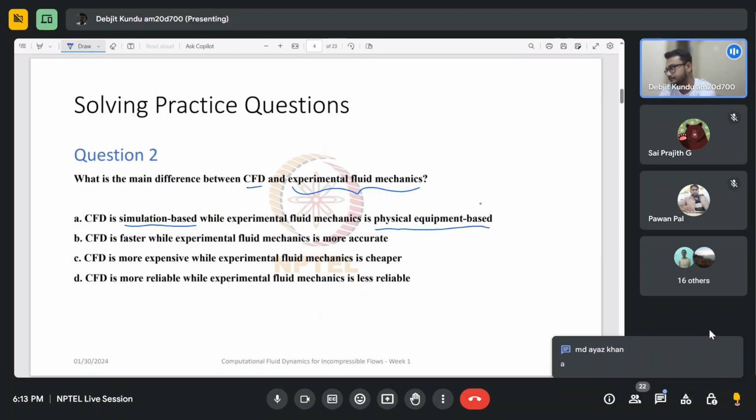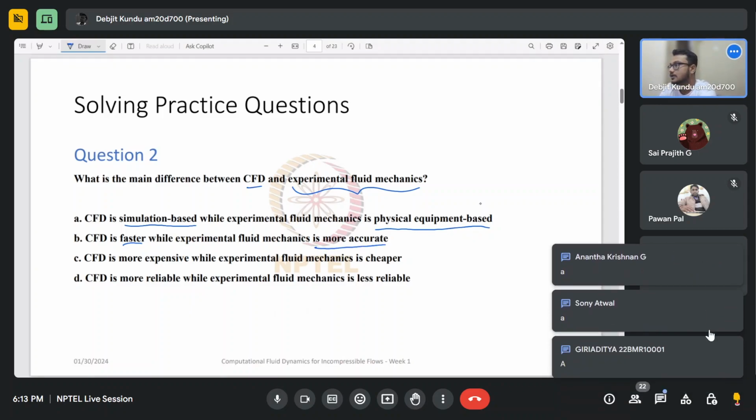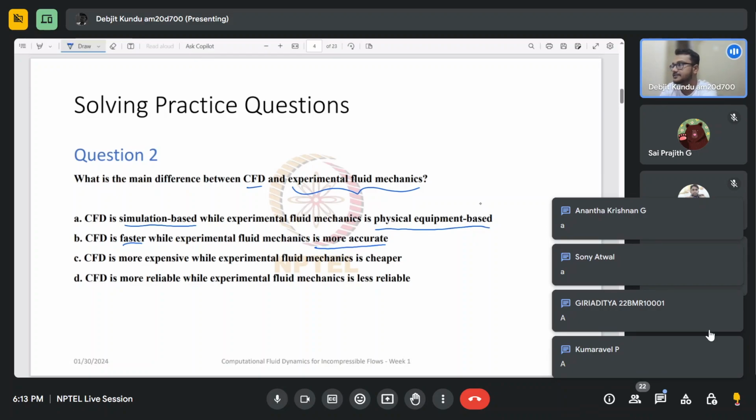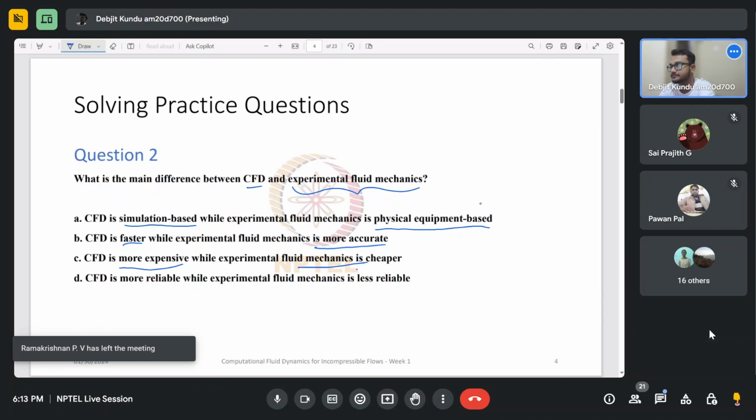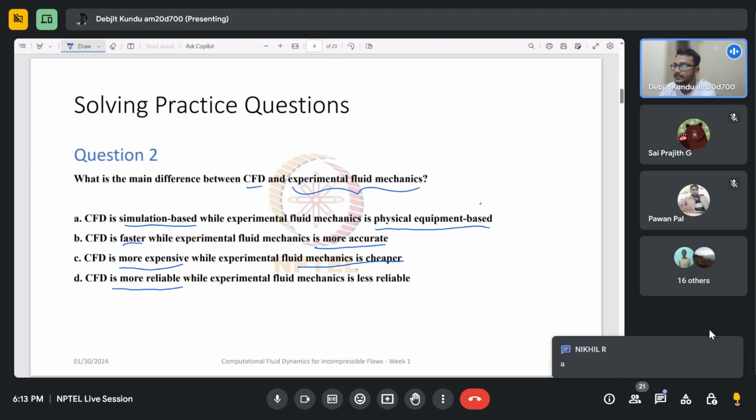Option B says that CFD is faster while experimental fluid mechanics is more accurate. Option C says that CFD is more expensive while experimental fluid mechanics is cheaper. Option D says that CFD is more reliable whereas experiments are less reliable.